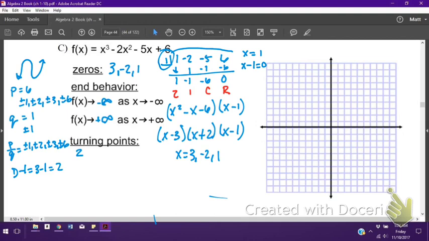Okay, so I got a 3, a negative 2, and a 1. Right, so I know this is going to be a tough delivery of how we're going to get these points, but again, choose what's in the middle. So I'm going to say, well, let's start with negative 1.